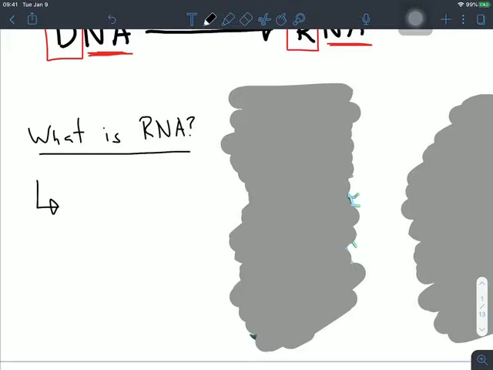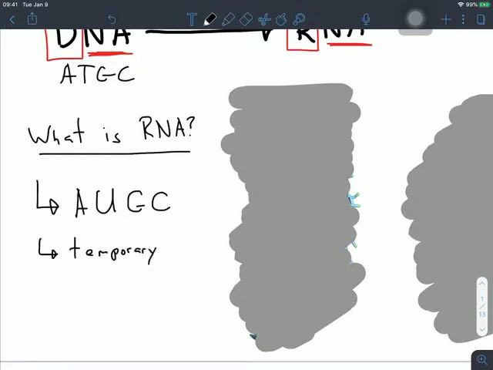Rather than the canonical A, T, G, C that we see in DNA, RNA uses adenine, uracil, guanine, and cytosine. One different base, uracil. Another feature of RNA, in contrast to DNA, is that it's often temporary. It's unstable over long periods of time, and it's often single-stranded.